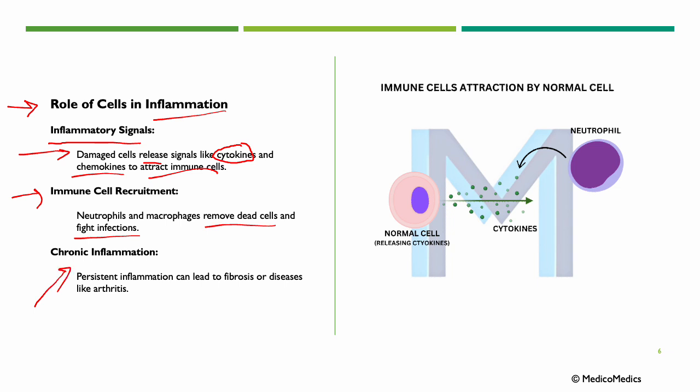But we also have chronic inflammation, where persistent inflammation could lead to fibrosis or diseases like arthritis. So, inflammation is like calling emergency services to deal with some damage, but too much of it can actually harm healthy nearby tissues.